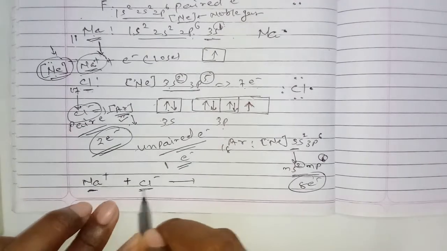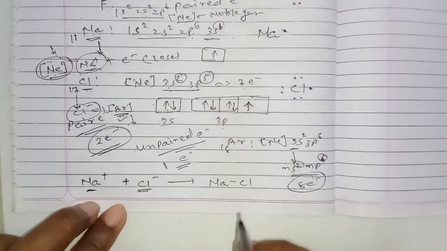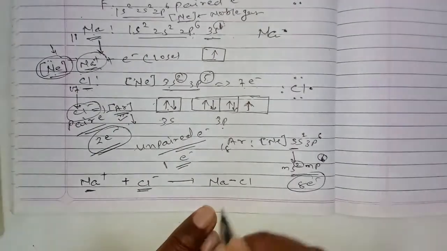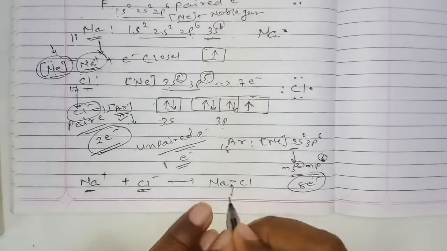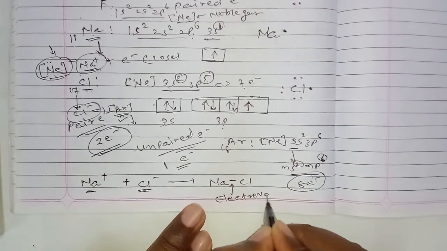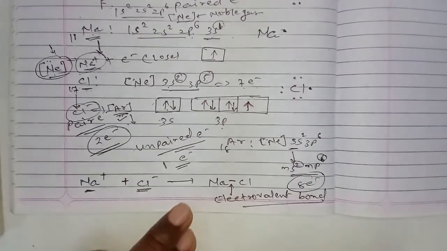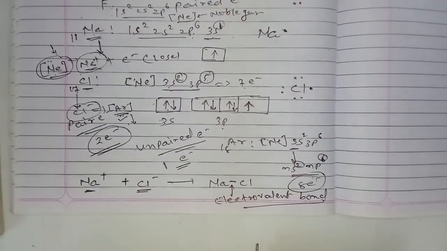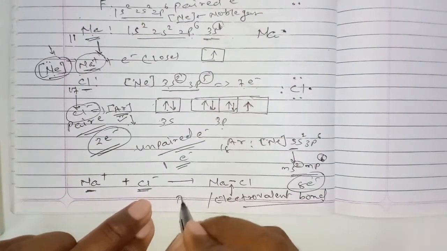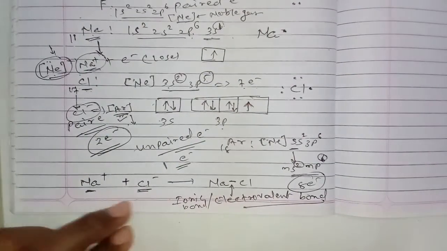Here the sodium ion and the chloride ion are combined by a bond, and that bond is named the electrovalent bond or ionic bond.